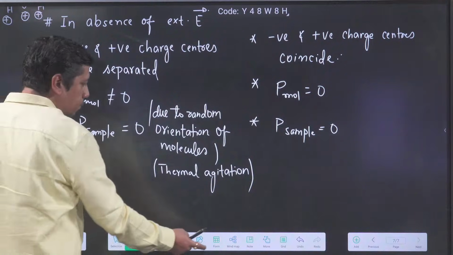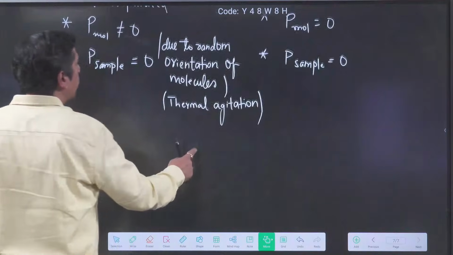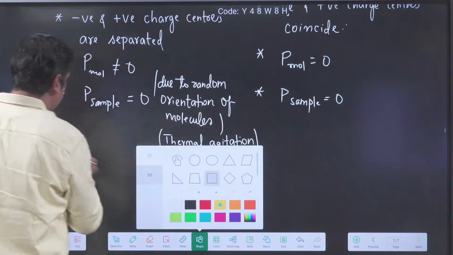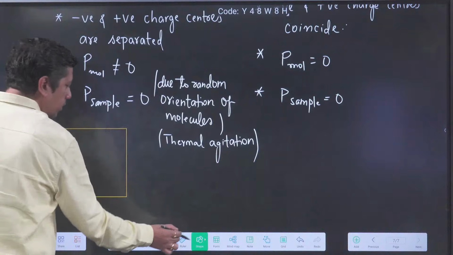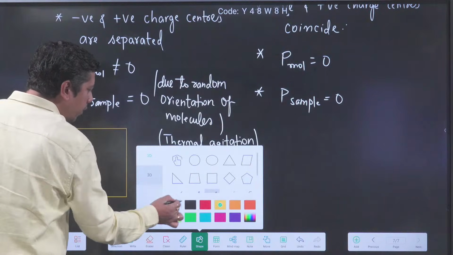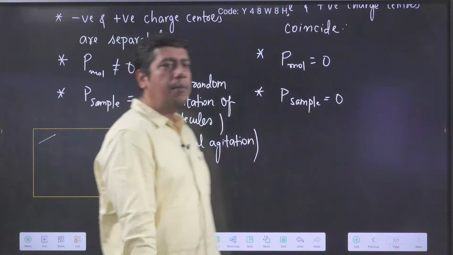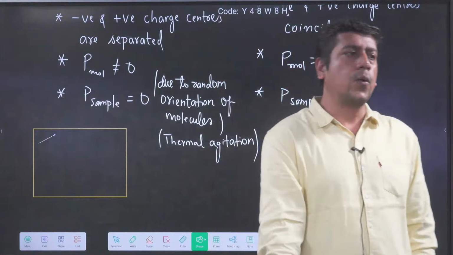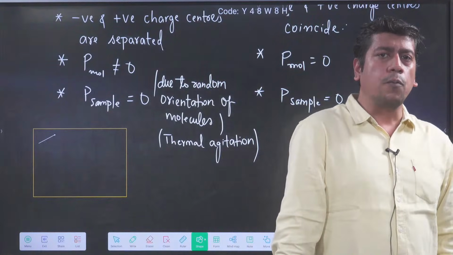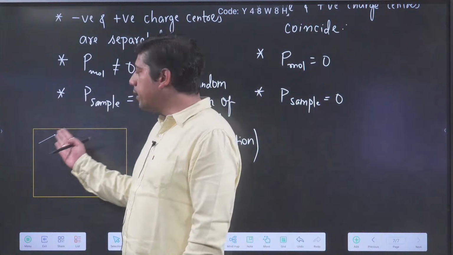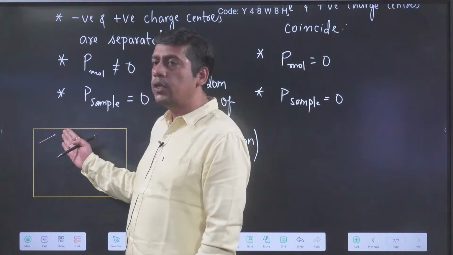That means, if I draw a diagram to make you understand, I will represent one molecule with the help of an arrow. Molecule I am representing with an arrow means its dipole moment. So if it is H2O, then its dipole moment is like this, from oxygen to hydrogen.